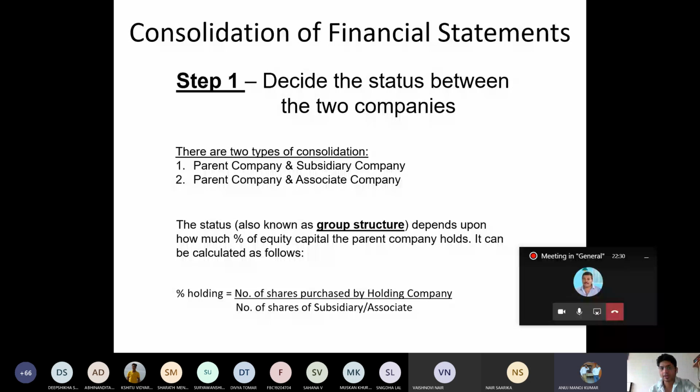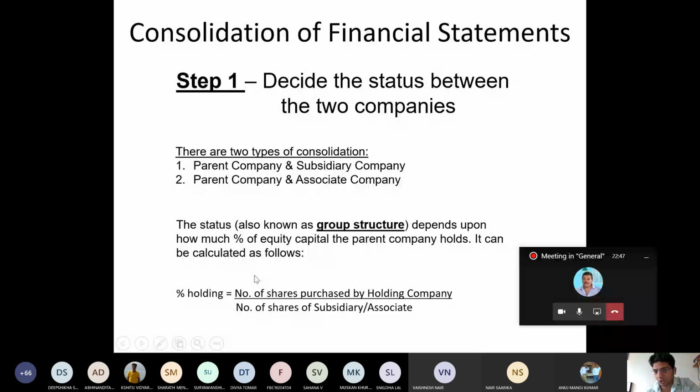So that will be 60,000 shares divided by 1 lakh shares, right? So that is 60% holding. You have to look in the balance sheet, in the statement of financial position, to find whether it is parent and subsidiary or parent and associate. So working note 1 is the group structure.